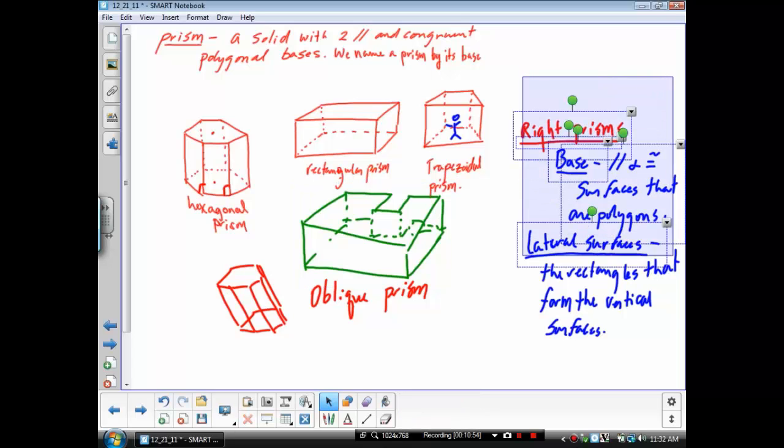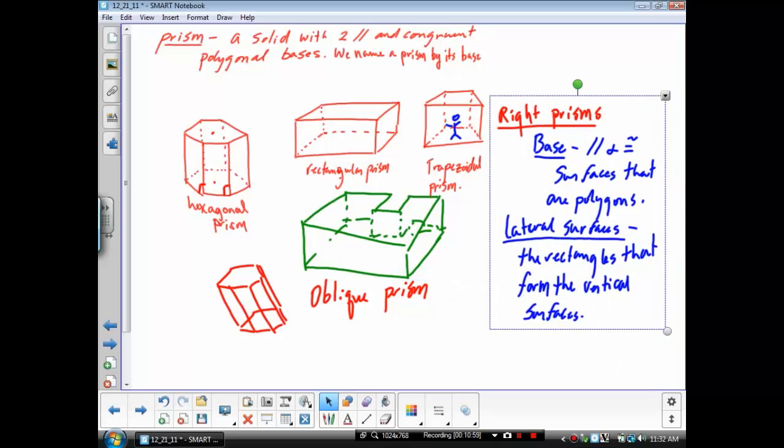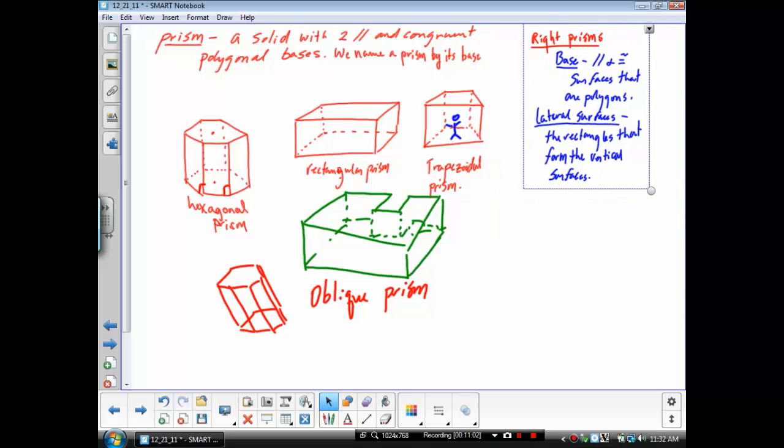So a right prism has bases and it has lateral surfaces. Those are the surfaces. But you have edges as well. A right prism has base edges. Now the base edges are the edges that go around the base.